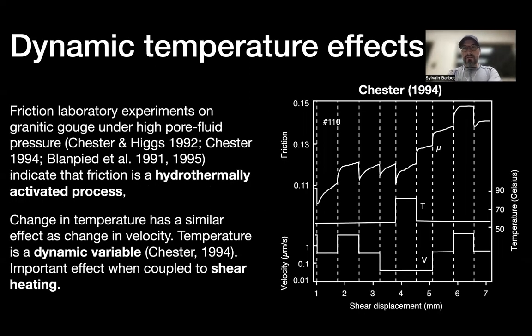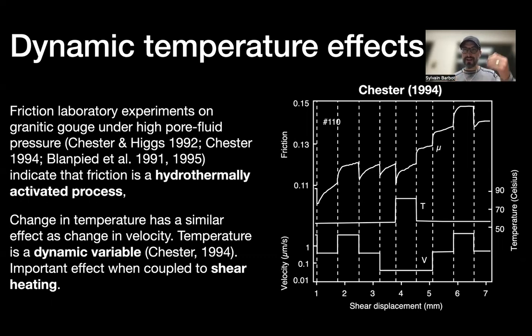Some other very fundamental progress in the physics of friction was made by Frederick Chester and collaborators, who showed that friction is truly a thermally activated process. That was demonstrated with these very famous experiments that show how friction evolves when imposing different sliding velocities.